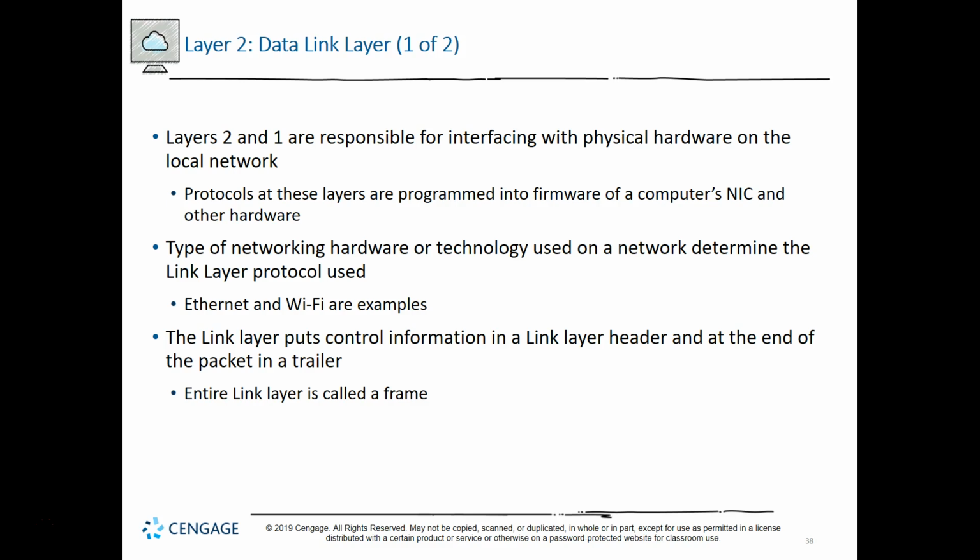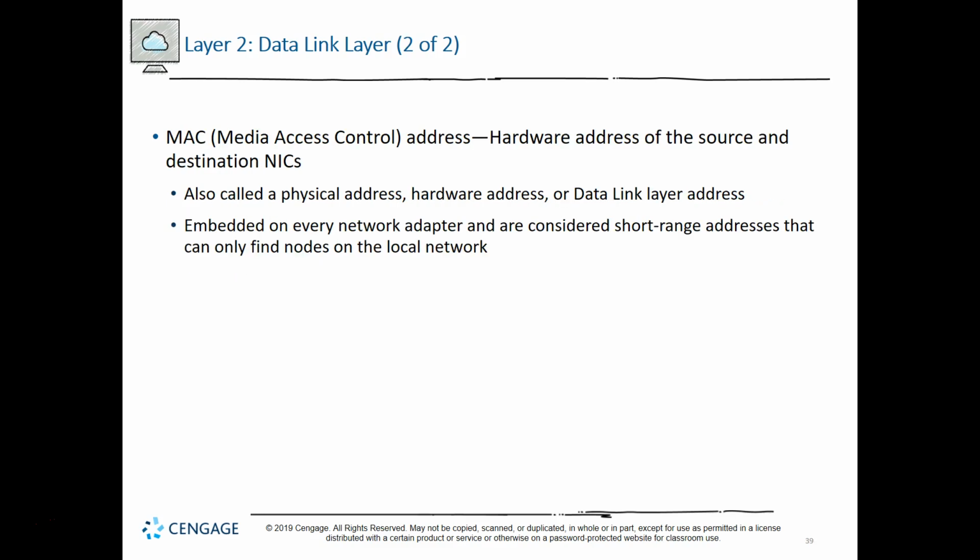So there is something inside of every network interface card. And in this case, we get some of that information from it and we send it out. And we'll look at that when we get into this a little more in depth. But this data link layer takes something called a MAC address, or a media access control address, or a hardware address, whatever you want to call it, and it adds it to your information.